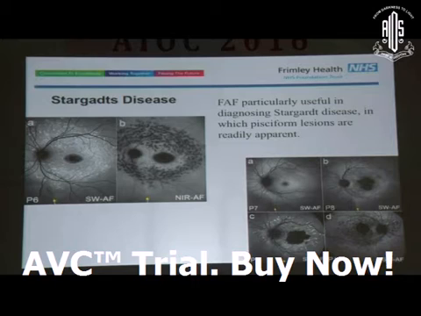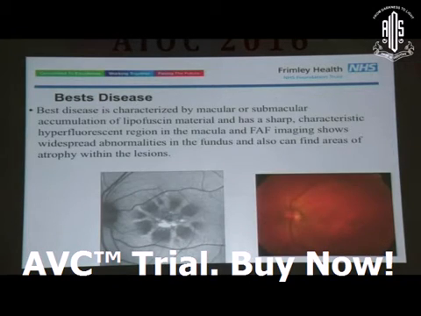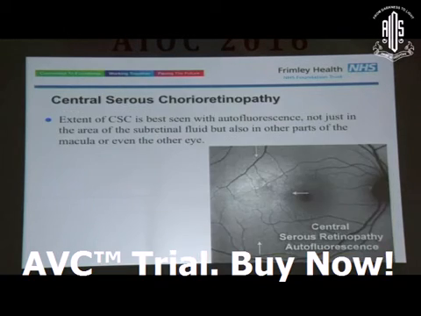It's particularly useful in diagnosing because you can actually see the pisciform lesions very clearly using fundus autofluorescence. Best disease, again, is characterized by macular and submacular accumulation of lipofuscin, as we know already. And this is a sharp characteristic hyperfluorescent region in the macula, and the FAF shows the widespread abnormalities, because what you see on the color image does not give you a correct indication of how far the disease has progressed, whereas using autofluorescence, you could get a good idea.